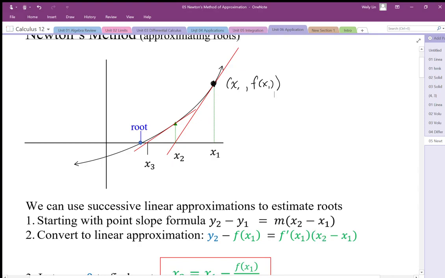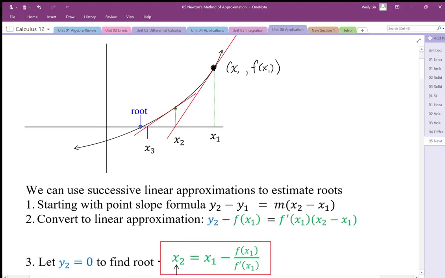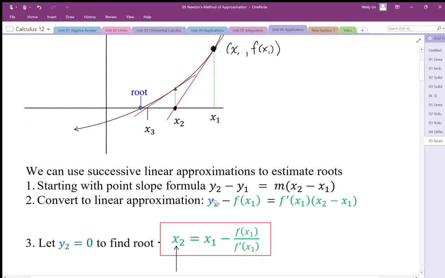Now that second point has a known y coordinate, because at that point the y is equal to 0. So what we're going to do is let y equal 0 and rearrange the green part. So that y2 basically disappears. If we rearrange this green part to solve for x2, we get this formula here.